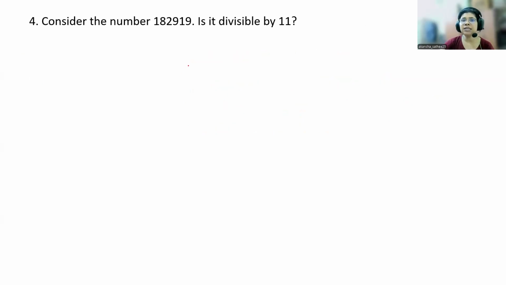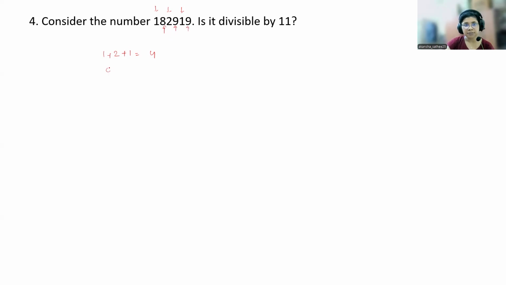Next, consider this number. Is it divisible by 11? So what is the rule? Odd places: first, third, fifth place. Add the digits. 1 plus 2 plus 1 is 4. Even places are 8, 9, 9.